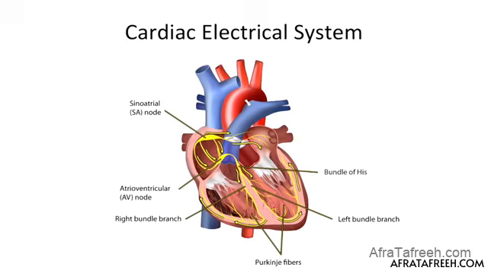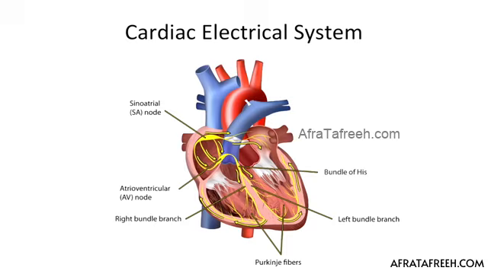Before we jump into the details of cardiac electrophysiology, why don't we take a step back and look at some of the basic electrical anatomy. This is figure 2.3 from your text, which shows the normal anatomy of the cardiac electrical system.